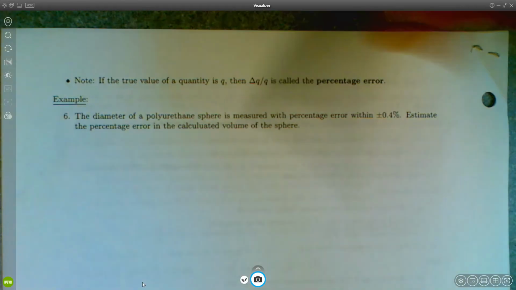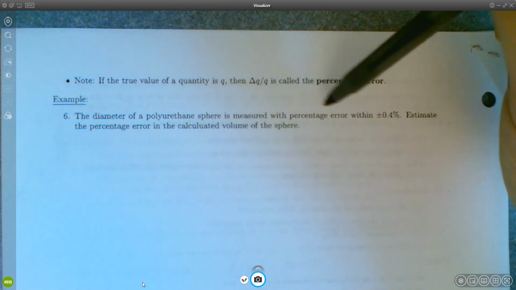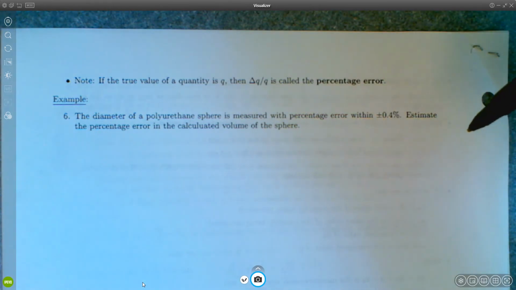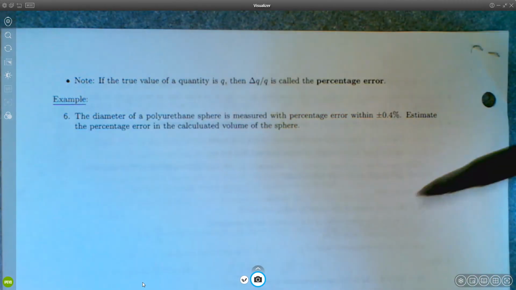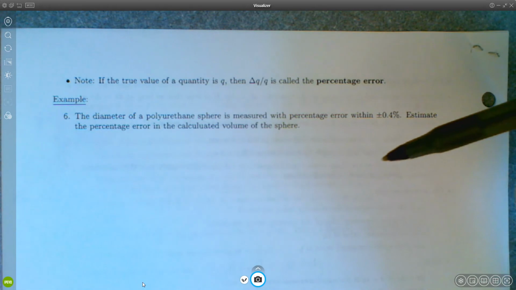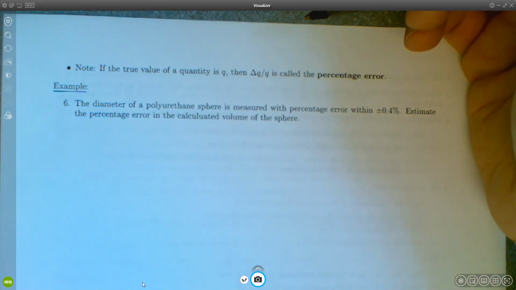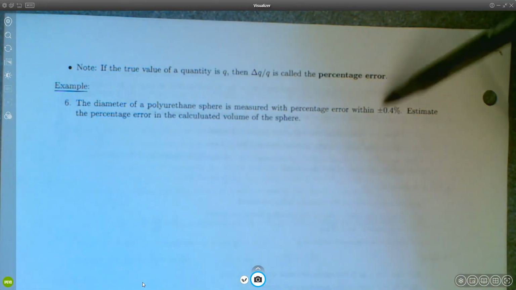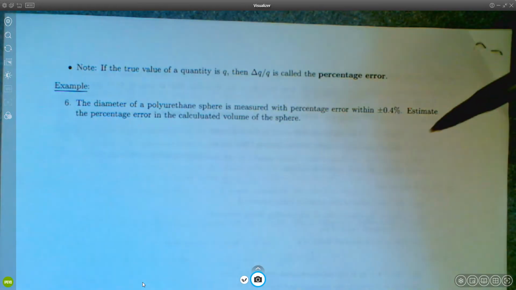Okay, so for example, the diameter of a polyurethane sphere is measured with percentage error within 0.4%. Let's estimate the percentage error in the calculated volume of the sphere. So the diameter is measured within 0.4%.